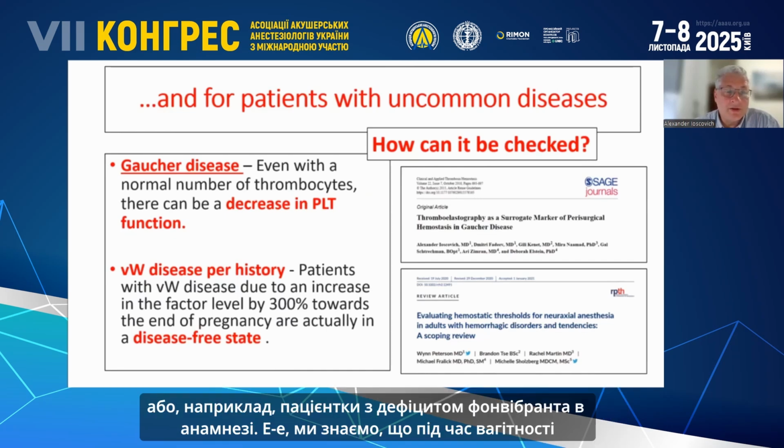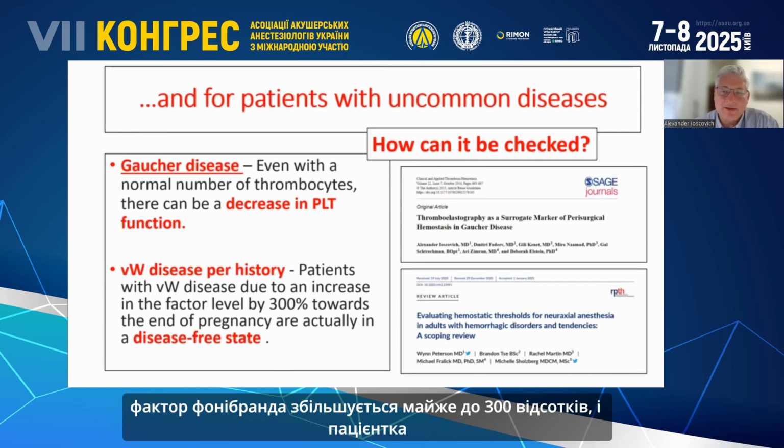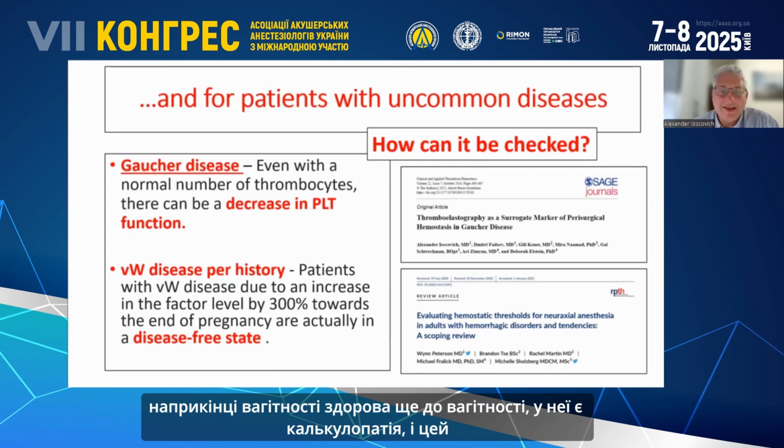Or, for example, a patient with von Willebrand deficiency per history. We know that during pregnancy, the von Willebrand factor increases almost to 300%, and the patient at the end of pregnancy is healthy.